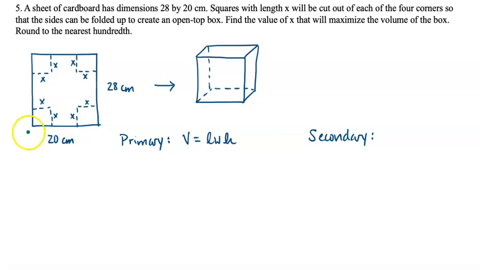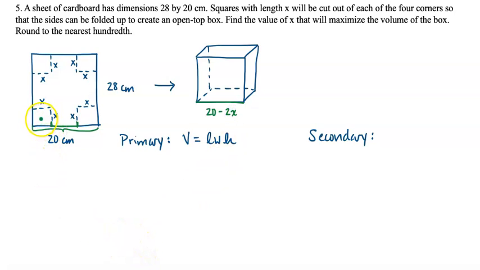Okay, so if I know that the width of this cardboard is 20 centimeters, and I know that I'm subtracting these squares of length and width x, then can I say that this portion right here, which is going to be the width of this box, is really 20 centimeters minus 2x? Do we see that?